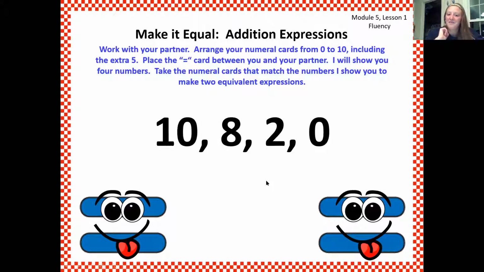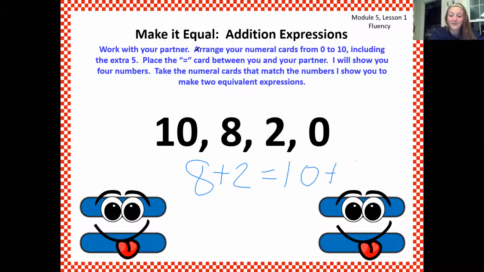There we go. You guys got this now. Yep. So you said 8 plus 2 equals 10 plus 0 because both sides equal 10.